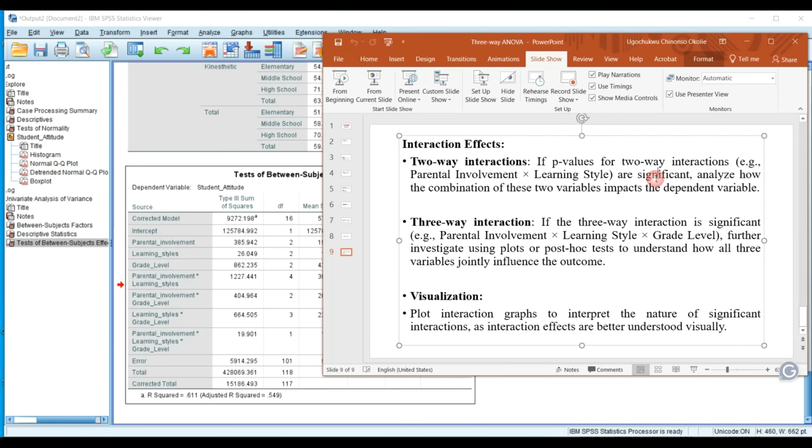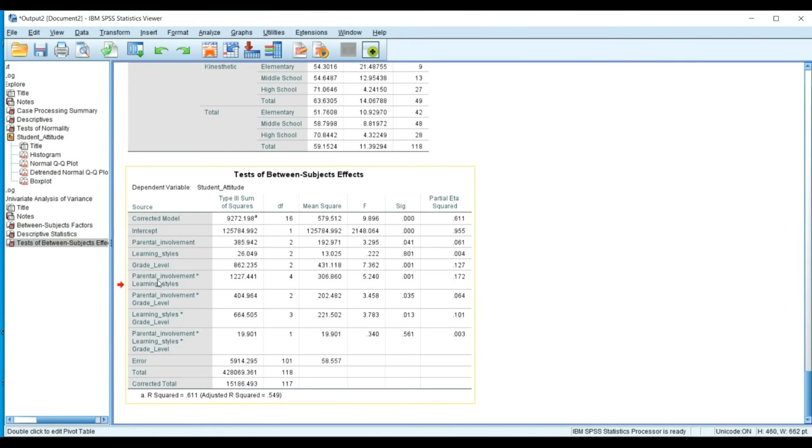If the p-value is less than 0.05, it means there is a combined effect of these two independent variables on the dependent variable. So in this case, when parental involvement is mixed with learning styles, it statistically significantly contributes to students' attitude towards science study.